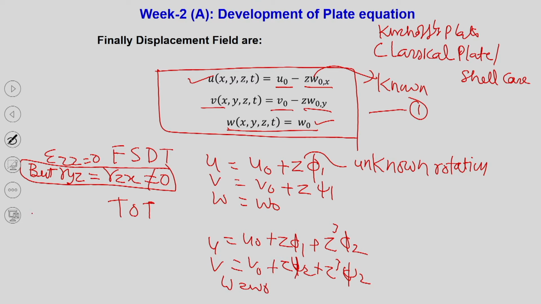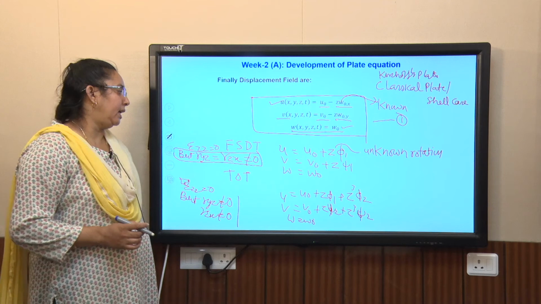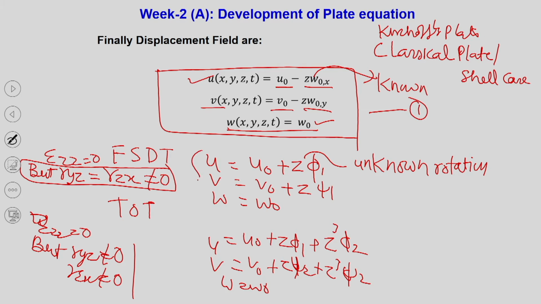There also epsilon zz is 0, but gamma yz and gamma zx are not equal to 0. Here I would like to tell you the limitation of FSDT: whatever shear stress you get is not very accurate. So, we use the shear correction factors.